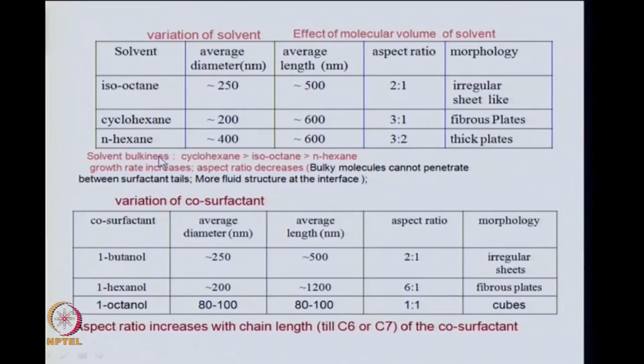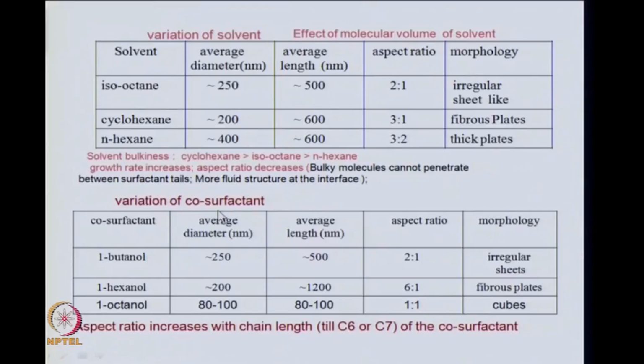We have explained that as the solvent bulkiness is changing, in this case cyclohexane is greater than isooctane and is greater than normal hexane, the growth rate increases and the aspect ratio decreases, and this we already explained, because bulky molecules will give a more fluid interface because they cannot interpenetrate, and hence intermicellar exchange will increase and the size of the particles will increase.